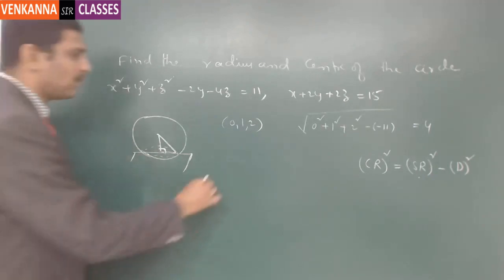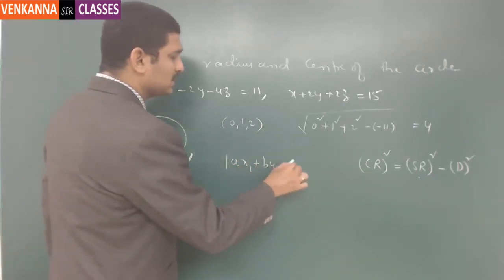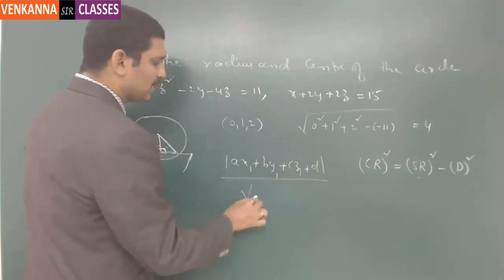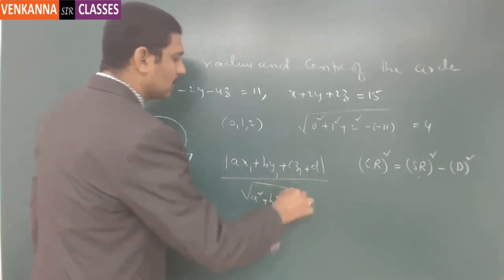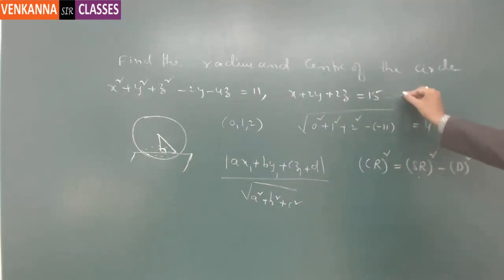So the distance formula is ax1 plus by1 plus cz1 plus d by square root of a square plus b square plus c square. Here the plane equation is x plus 2y plus 2z minus 15 equal to 0. This is our plane equation.